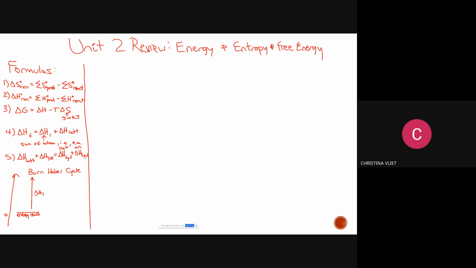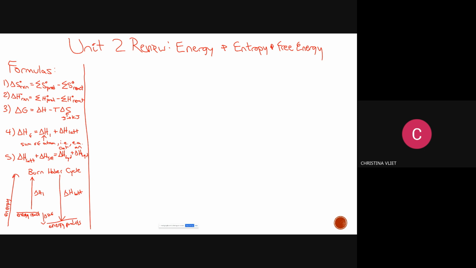This right here is energy of products. Delta H lattice. And the difference between these two is delta H F. That's a rough sketch of the Born-Haber cycle.